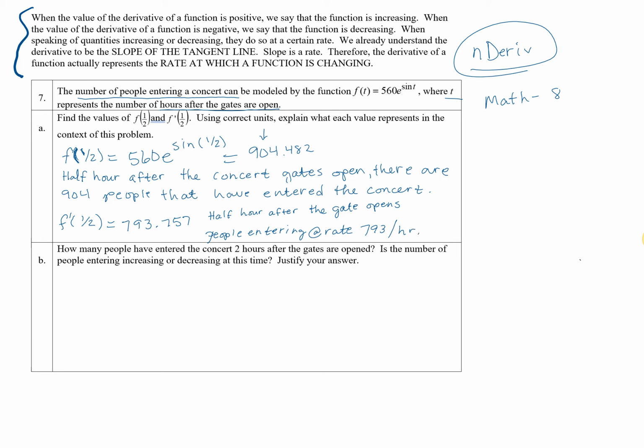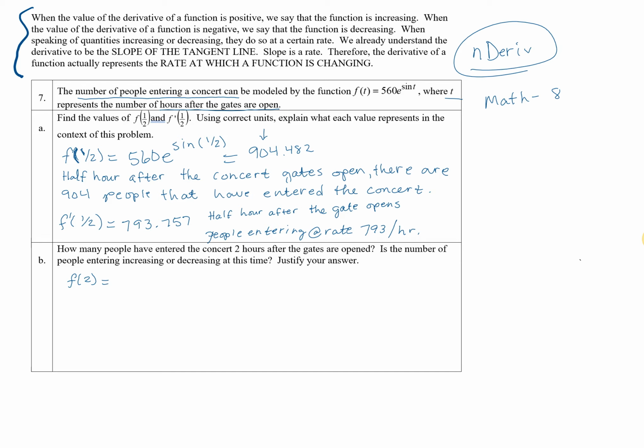Now the next question says, how many people have entered the concert 2 hours after the gate has opened? Is the number of people entering increasing or decreasing at this time? And then justify. That's really important. So at 2 hours, all we have to do is say, what's f of 2?